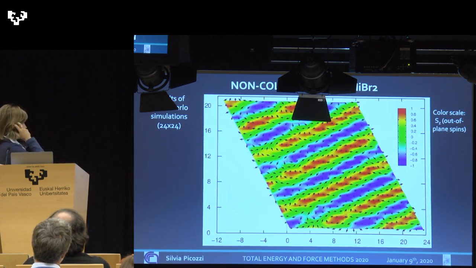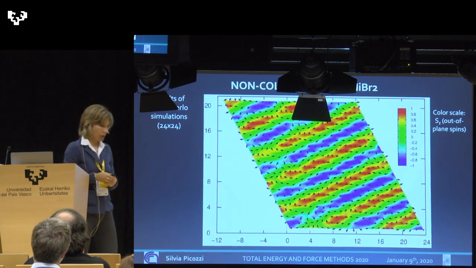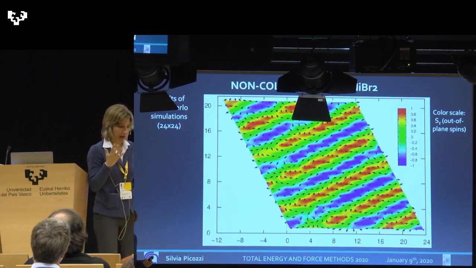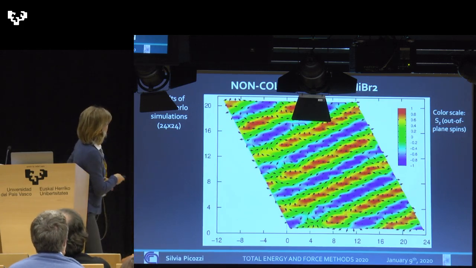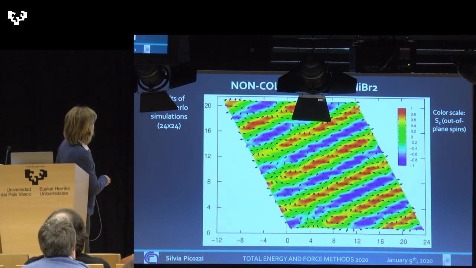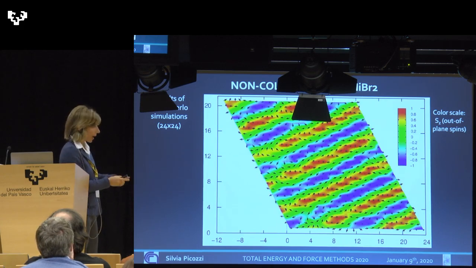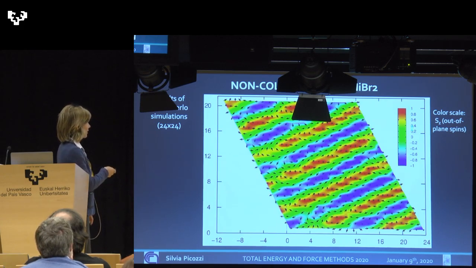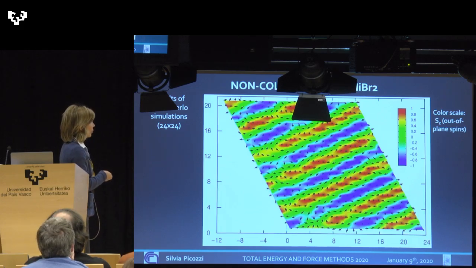And okay, for nickel bromide, what you get is this, which you sort of expected. So this means that you have a helical structure. What I show here in the plane, the arrows mean the XY component of the spin, and the color scale means the SZ. So for example, if you look at this part here, these are spins.